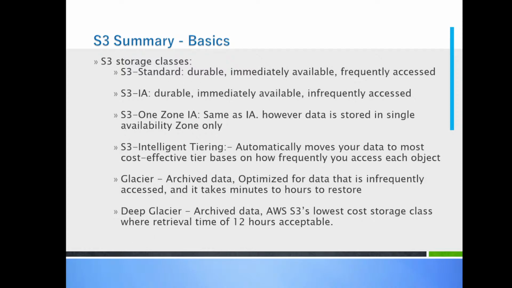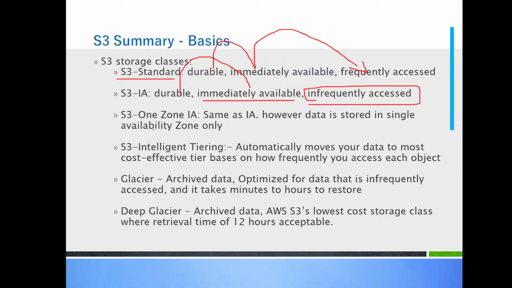Storage classes. Amazon has multiple storage classes. S3 Standard is durable, immediately available, used for frequently accessed data. S3 Infrequent Access is durable, with data immediately available, and used for infrequently accessed data.